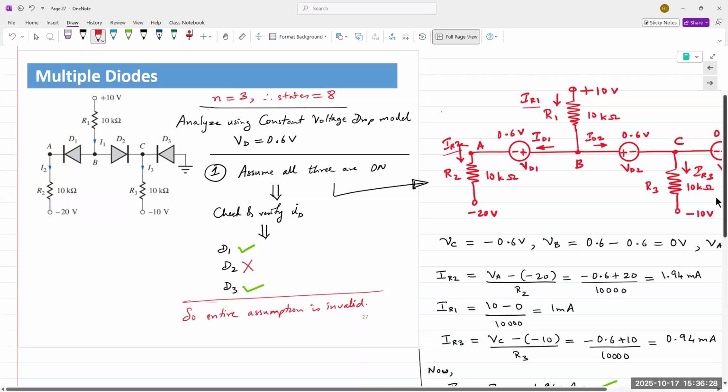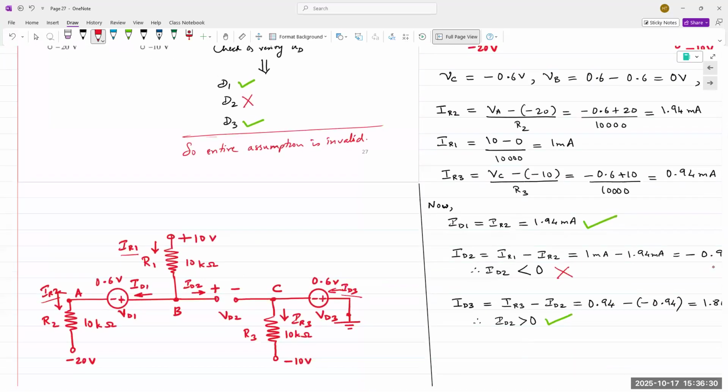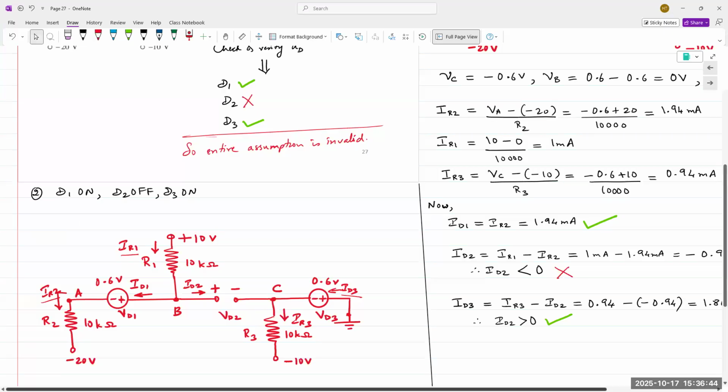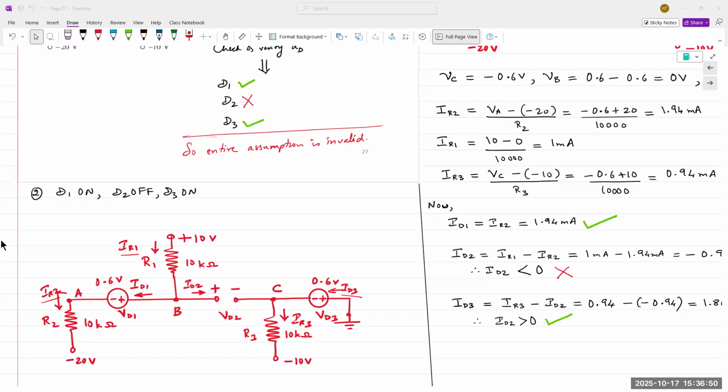All right. So now, second assumption, I'm going to assume D1 on, D2 off, and D3 on. Remember, there are 7 other possible states. So what can we do now?